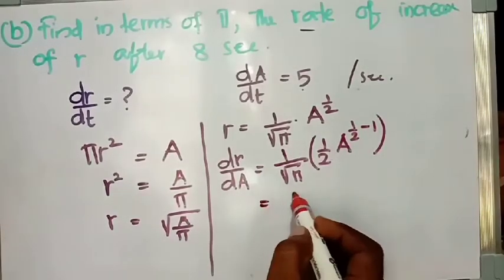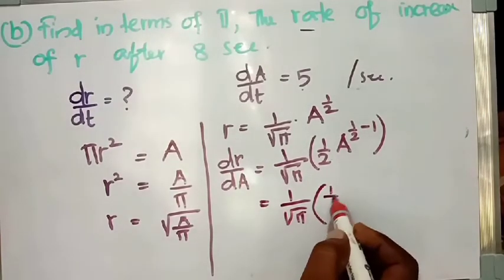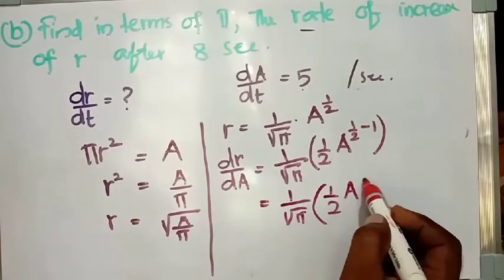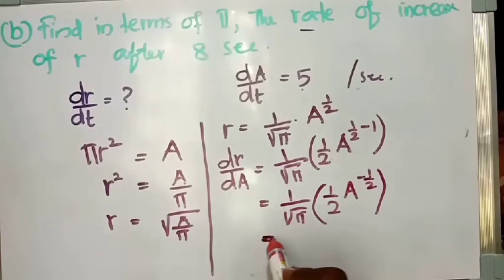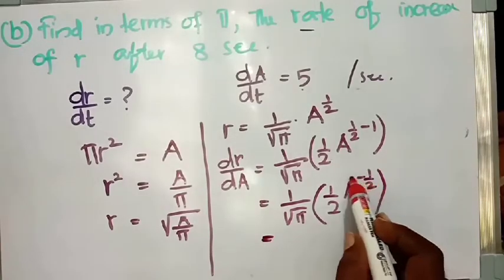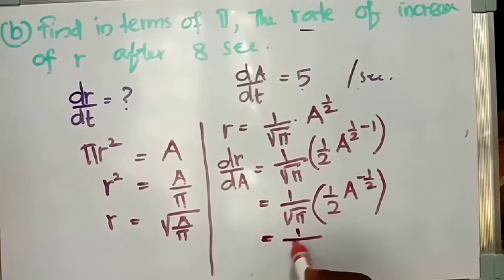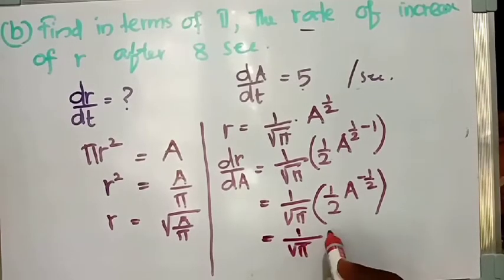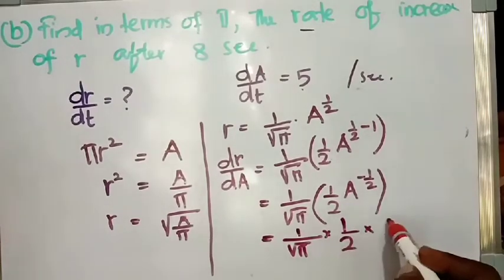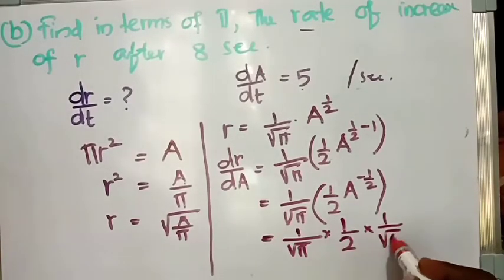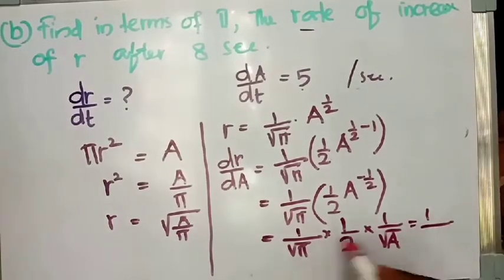That is 1 by root pi of 1 by 2 A raised to minus 1 by 2, which is 1 by root A. These two roots can be combined.